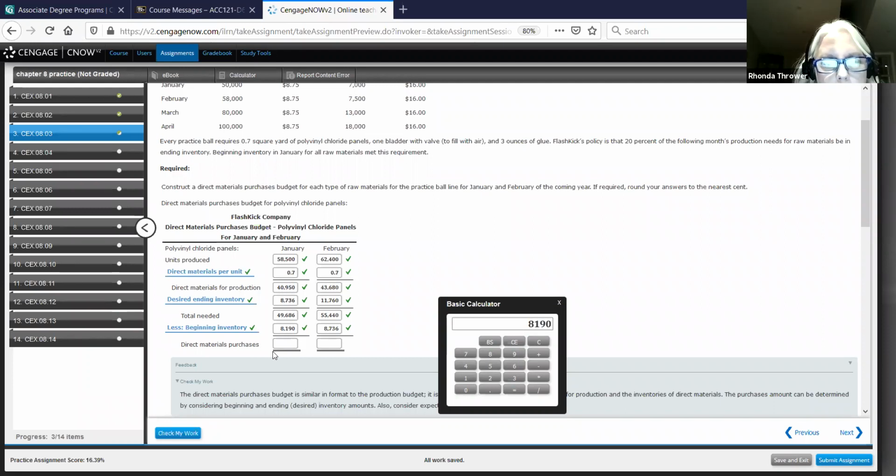So the amount of direct materials purchases that we need for February is going to be the total needed plus the beginning inventory.